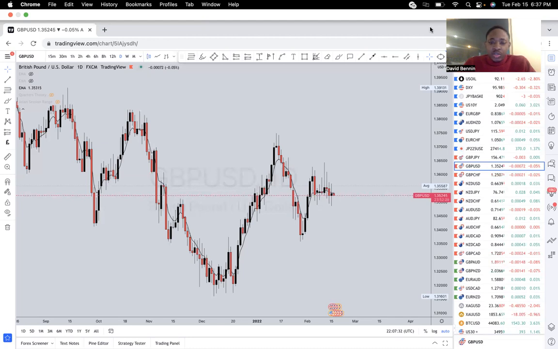So if you analyze on Tuesday, it's enough for you to be able to look at what the market is looking to do for the week, and also for next week, Monday and then Tuesday.